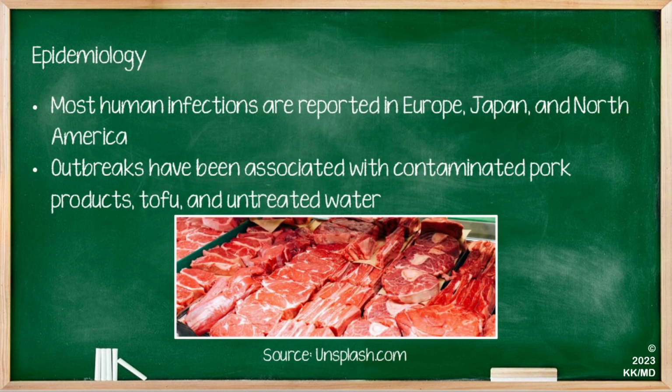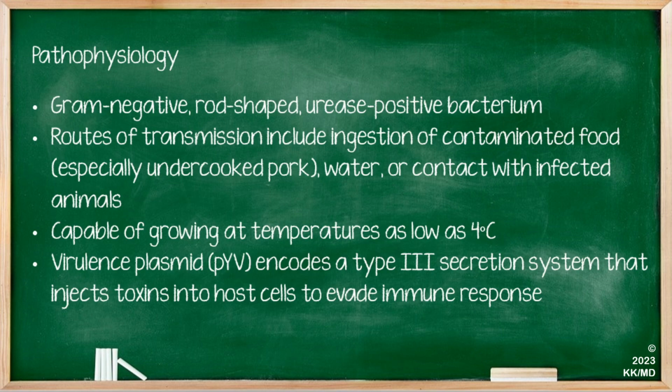The epidemiology of Yersinia enterocolitica is that it most commonly causes human infections in Europe, Japan, and North America. The outbreaks have been associated with contaminated pork products, tofu, and untreated water. As for its pathophysiology, it is a gram-negative, rod-shaped, urease-positive bacterium.